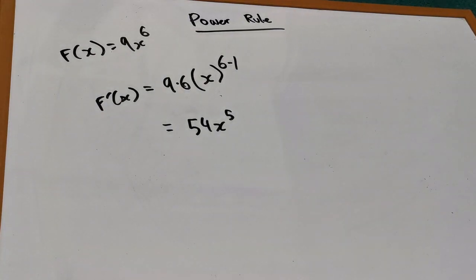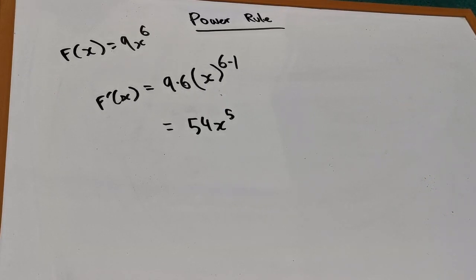And this is your gradient function for the curve, where f of x is equal to 9x to the power of 6. And this is called the power rule for differentiating. And it's a much quicker way to differentiate, much quicker than by first principles anyways.